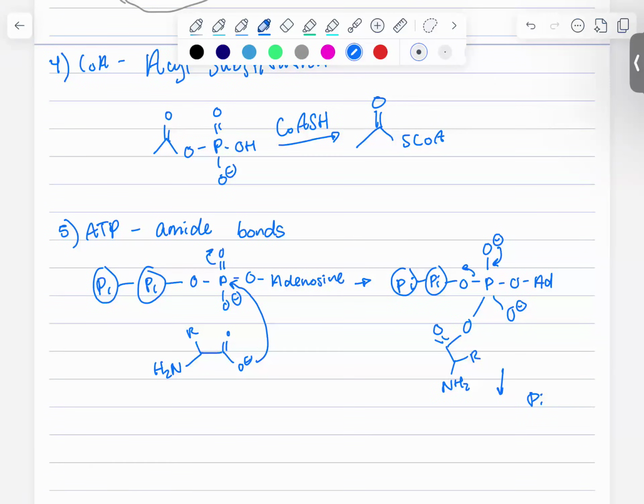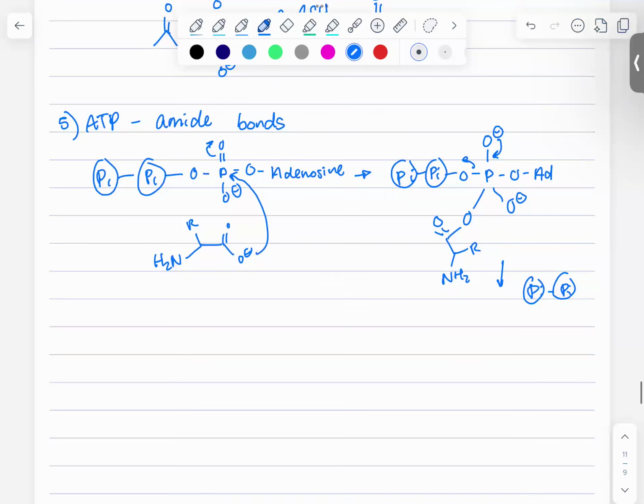So we end up with the two phosphate groups attached to each other. And then we have what's left of our ATP, which, ATP is adenosine triphosphate.